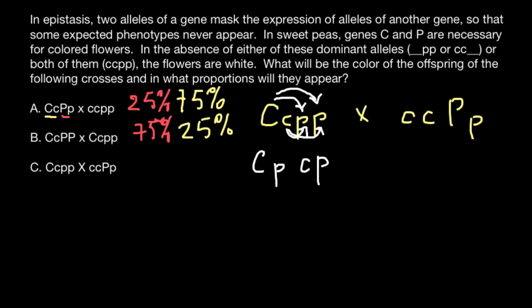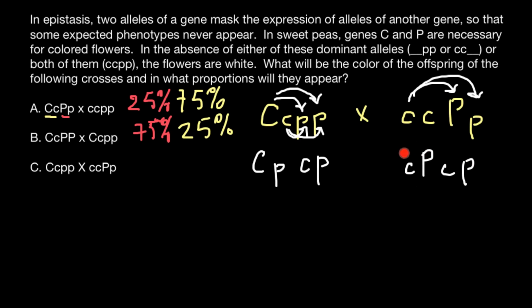We only count unique variants of the gametes and their frequencies, and here would be the same frequency, 50% for this variant and 50% for this variant. So let's see what we have with the second parent, and here we would have the first variant of the gametes that is going to be small c and capital P, and the second variant would be small c and small p, and once again here we would have small c and capital P, we already have it here, and small c, small p, we already have it here.